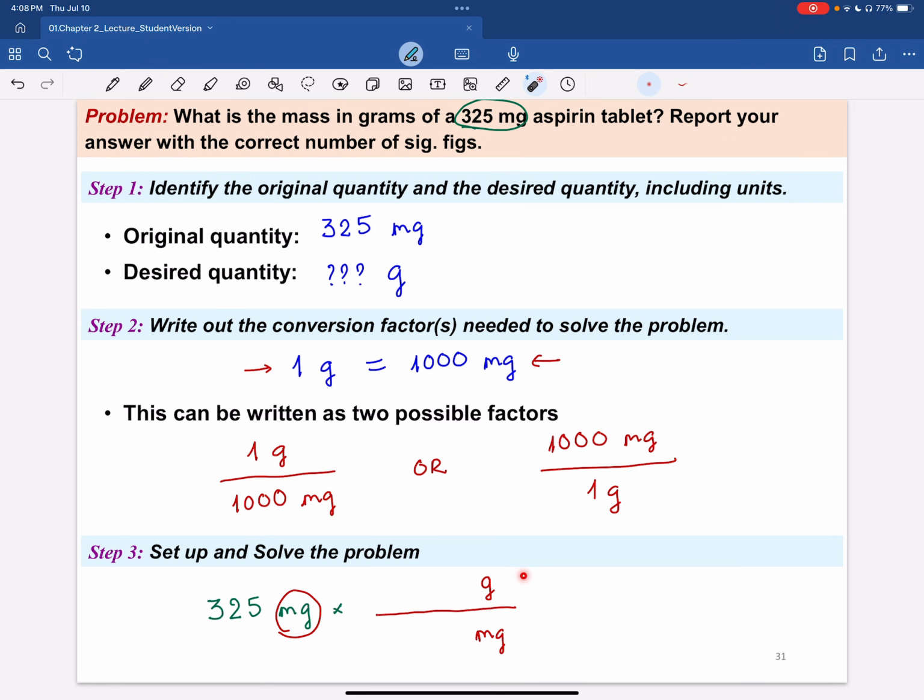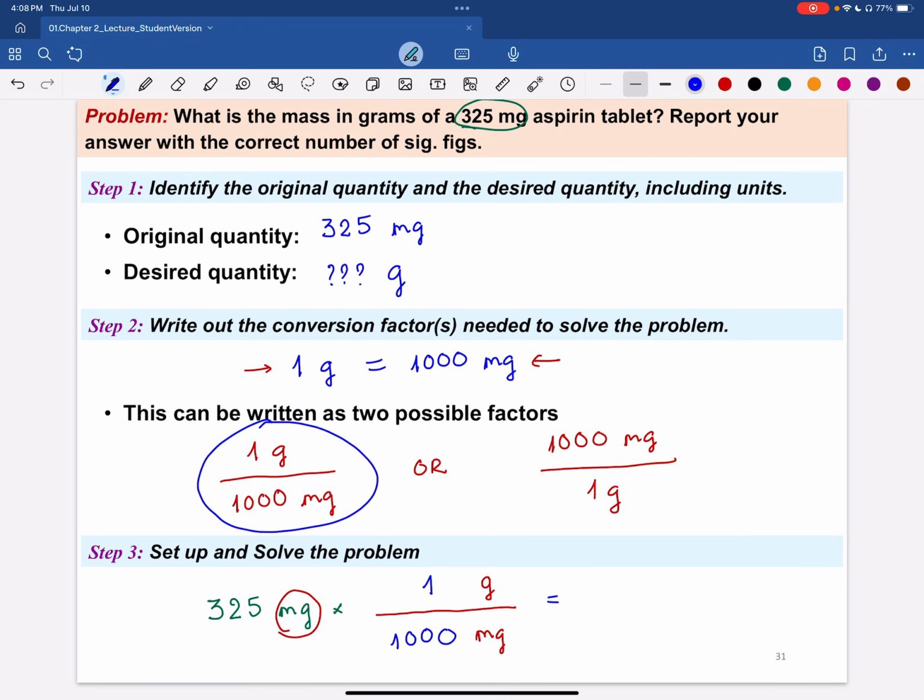Which conversion factor gives me gram on top and milligram at the bottom? This one right here. So I choose this one as my conversion factor: 1 gram over 1,000 milligrams.